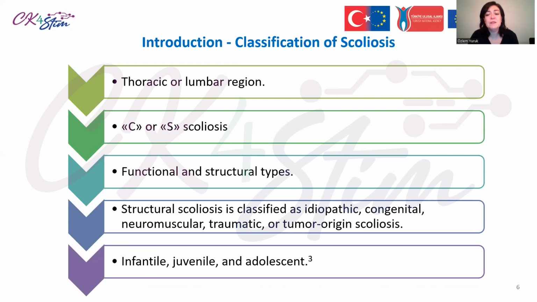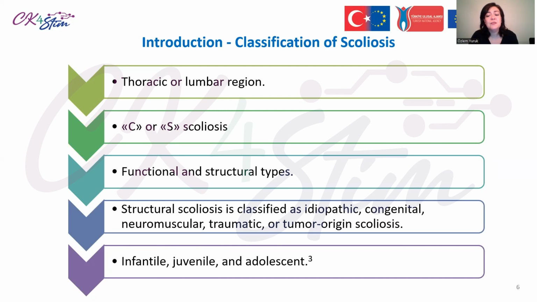Scoliosis is divided into functional and structural types. Postural, compensatory, nerve root irritation, inflammatory, or hysterical problems may cause functional scoliosis. In functional scoliosis, changes in the spine are reversible. Structural scoliosis is irreversible lateral curvature and rotation of the spine.